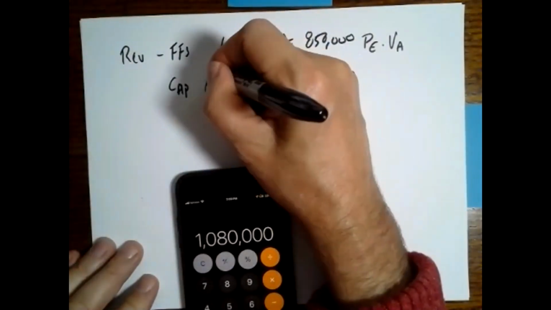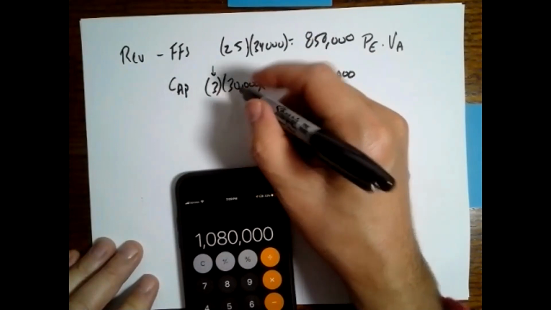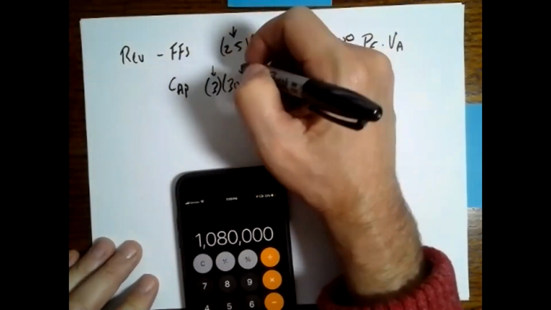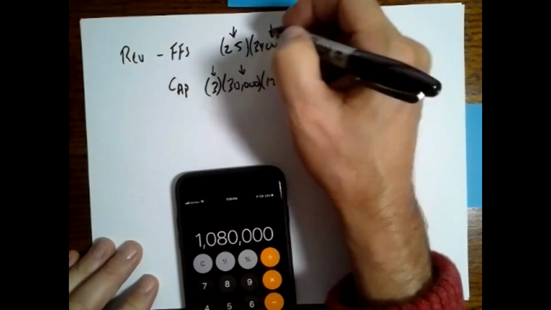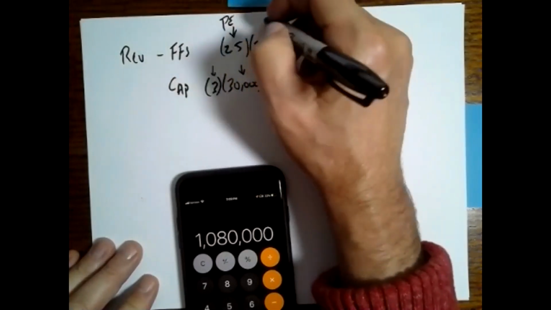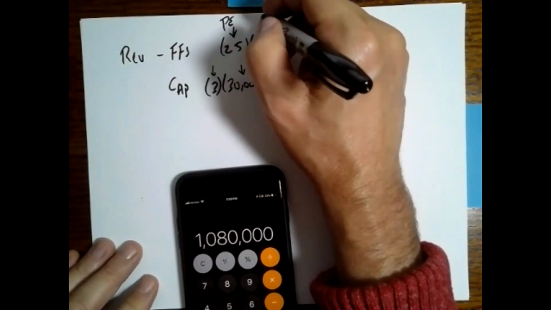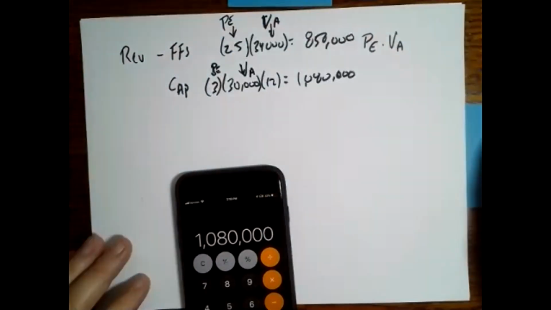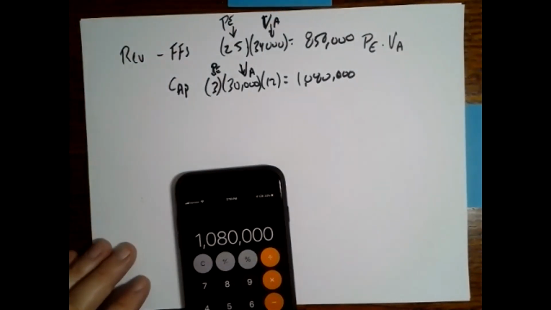So this is our expected price, and this is our actual volume. So PE and VA. PE, VA.